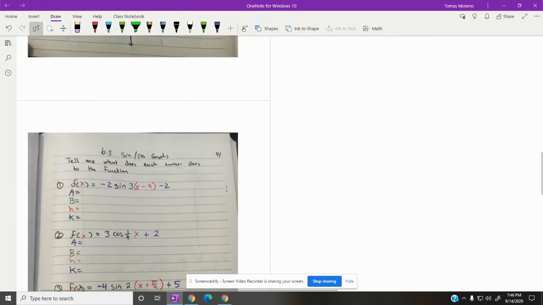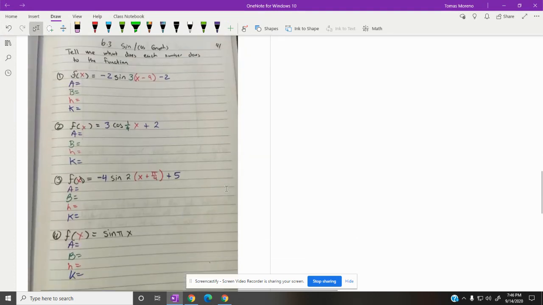What's the next thing on the list? Oh, right here. We should be good enough and solid enough to be able to write down what's happening. I already color coded it for you guys. I'm going to do the first one and maybe the second one, and then I'll let you do number three and number four.